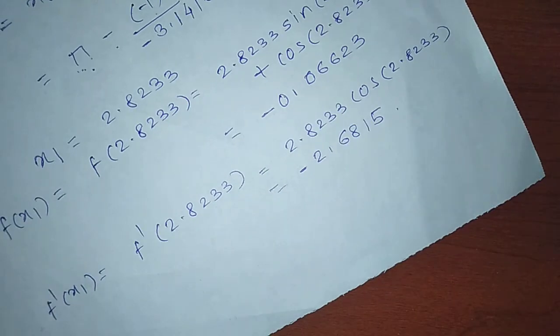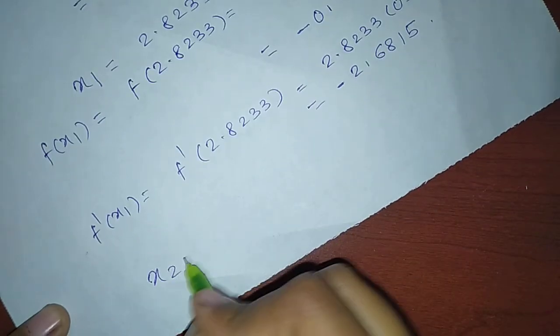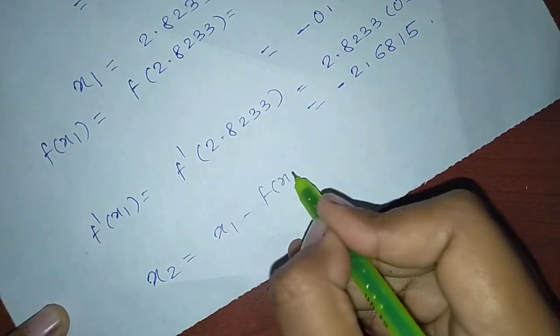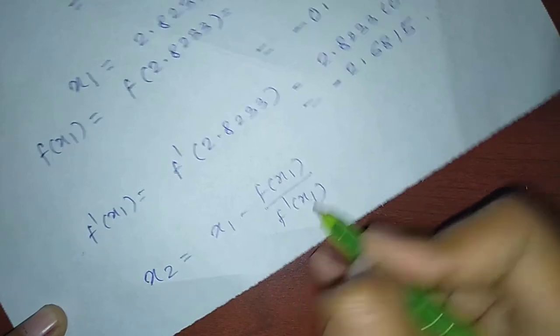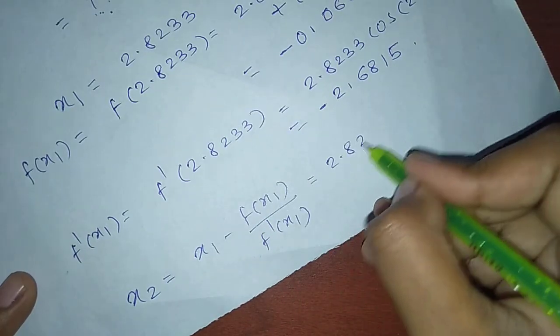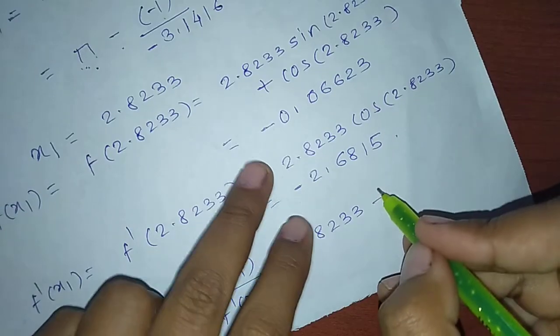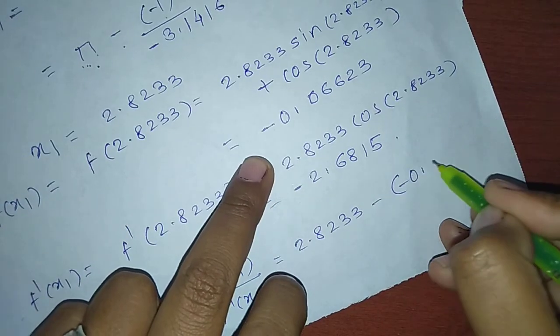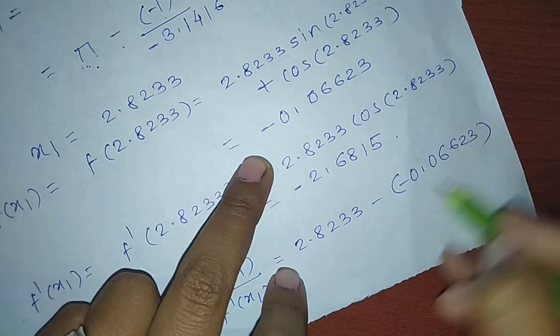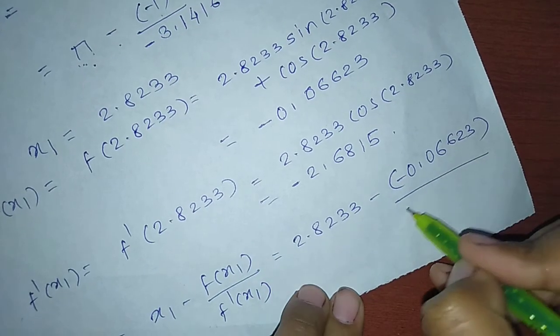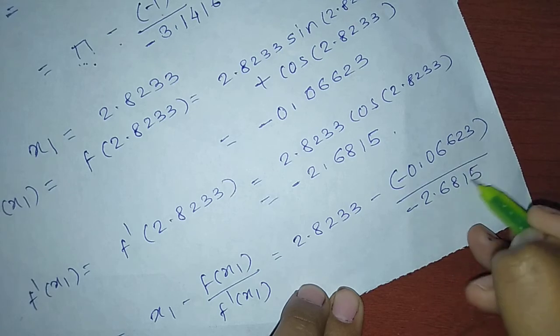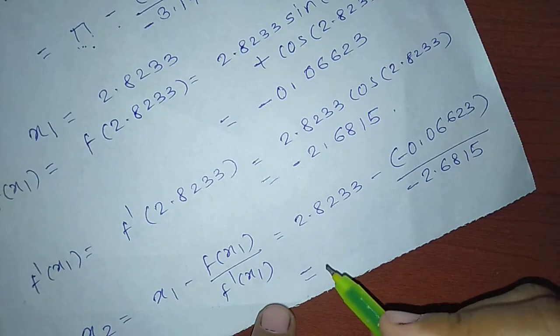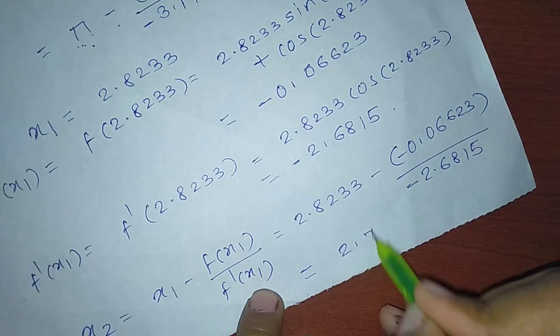Now calculate x2. x2 equal to x1 minus f of x1 upon f dash of x1. x1 is 2.8233 minus f of x1 is minus 0.06623 upon f dash of x1 is minus 2.6815, equal to x2 is 2.7986.